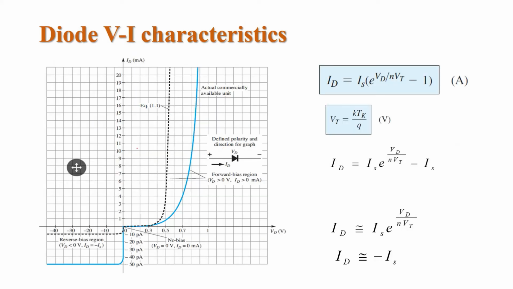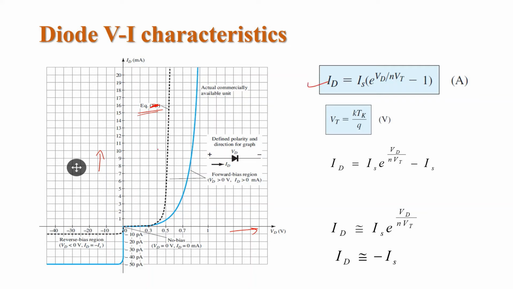As per our expectation, here is what we are seeing. This is the VD axis of the VI characteristics of the diode. This is the diode current axis, ID, and this dashed curve represents the VI characteristics of a PN junction diode according to the diode equation that we have written down here.